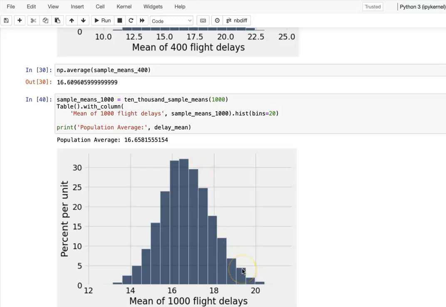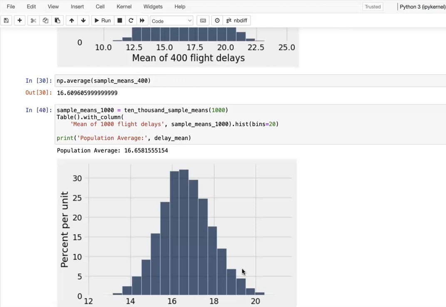But the most important thing is the interval is narrower. It's not as wide as sample size 400 and 100. And of course, you can see our average is definitely here. Because it is narrower, we can see it is between 16 and 18.